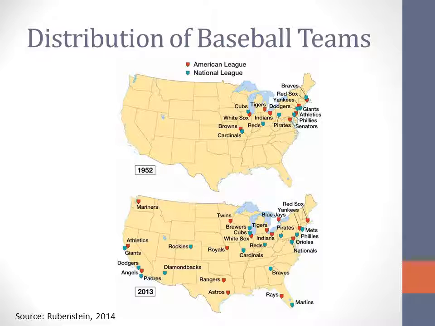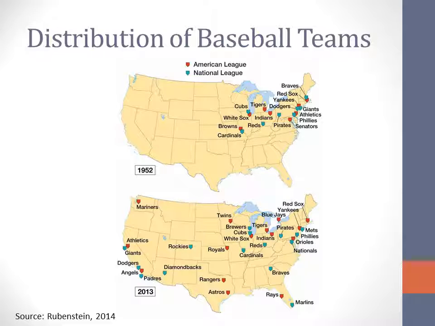By 2013, the teams were dispersed across the country. Although you'll still see a concentration or cluster in the northeast section of the map, you see that there are also teams in the South, West, and further Midwest mountain regions than there were in 1952.